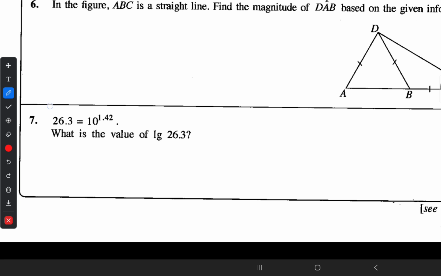Seventh question. Okay, so the index notation was given, that should be converted to logarithmic notation. 10 to the power of 1.42 equals 26.3.